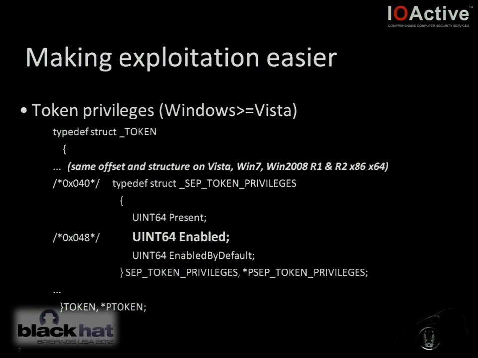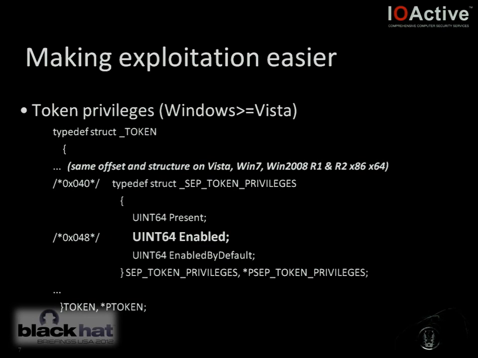What I found interesting is that when Windows checks the token for performing privileged actions on the system, it will only check the enable field. And this is cool because when exploiting a kernel vulnerability, I can just directly write to the enable field and enable the privilege I want. And when my exploit tries to do a privileged action, Windows will just check that field.